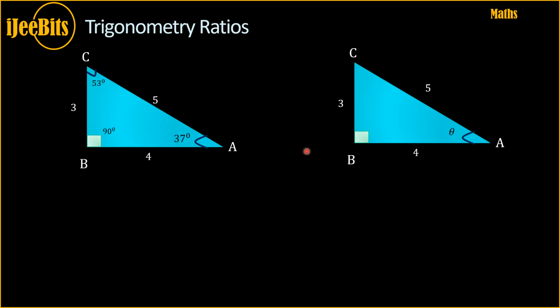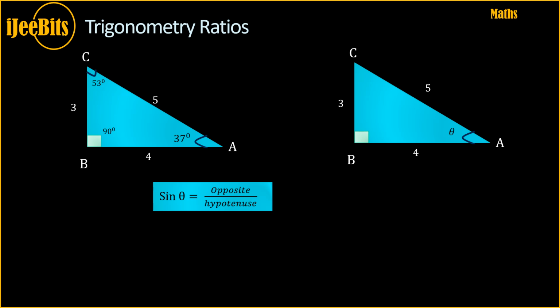Sometimes you can also refer to them as a 37-degree triangle or 53-degree triangle, based on your angle, and then define all trigonometric ratios. Let's take a look at them one by one. For the same triangle, what would be the sin theta value? Let me pick my color.